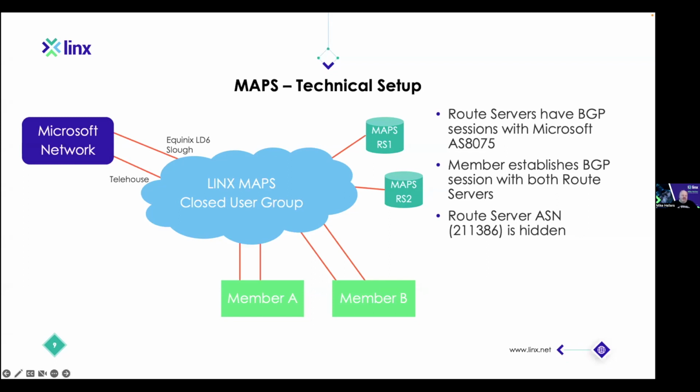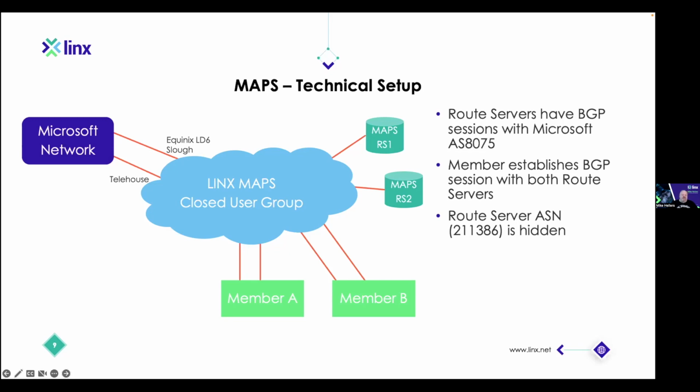It's a well-proven way. Obviously, the only prefixes you're going to receive from the root servers are Microsoft's prefixes. So from that point of view, it works slightly differently than normal root servers, where you would see prefixes from everybody who's connected to it.